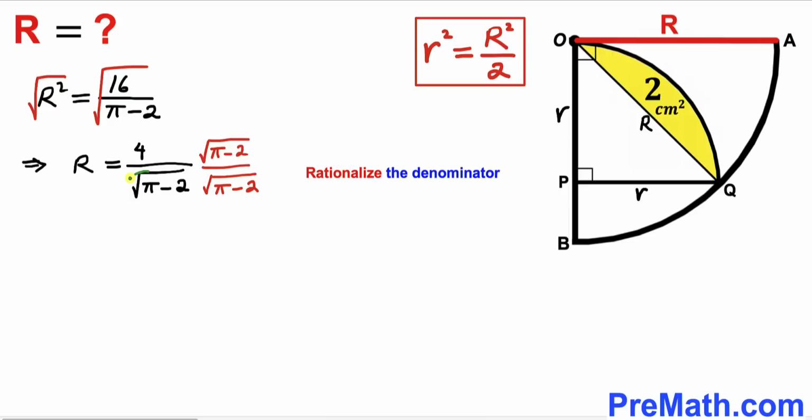And here we can see on the denominator, when we multiply these two, that is going to give us simply pi minus 2. So our uppercase R radius turns out to be 4 times the square root of pi minus 2 divided by pi minus 2 at the denominator.